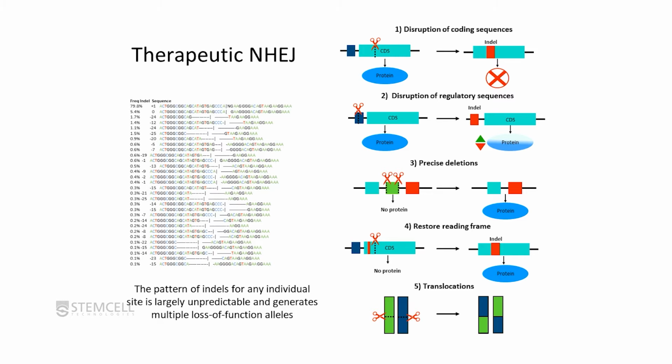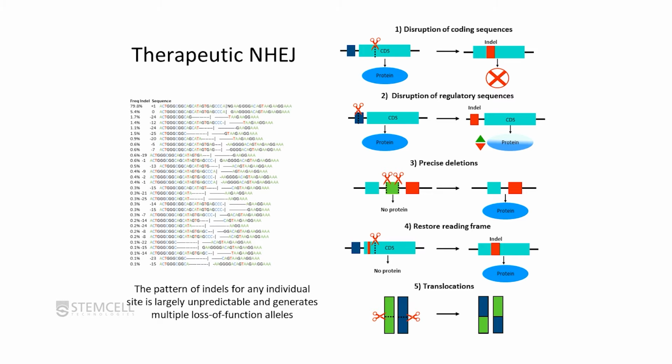If you use NHEJ to target a coding sequence, you can prevent protein expression, and that has therapeutic uses. You can use it to target regulatory elements, shown here in 2, like a promoter, enhancer, or microRNA. And the final effect on protein expression can be repression or activation, depending on the role of that element.